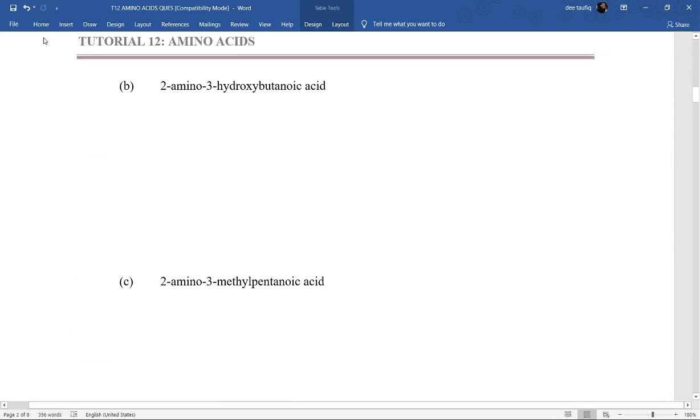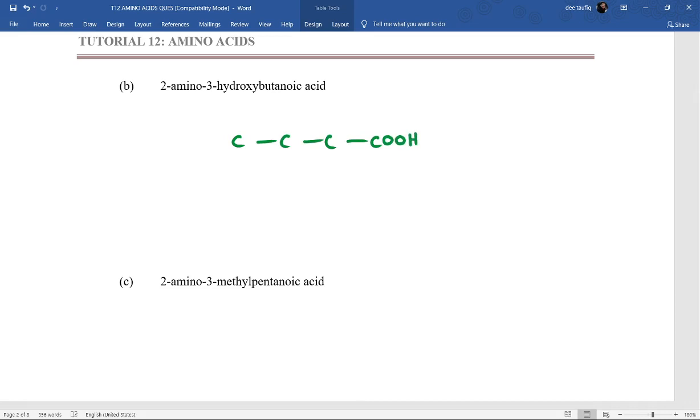Number 2 asks for 2-amino 3-hydroxybutanoic acid. So 4 carbons, C1, C2, C3, C4, which must be the carboxylic acid. So this is carbon number 1. Carbon number 2 must have NH2.